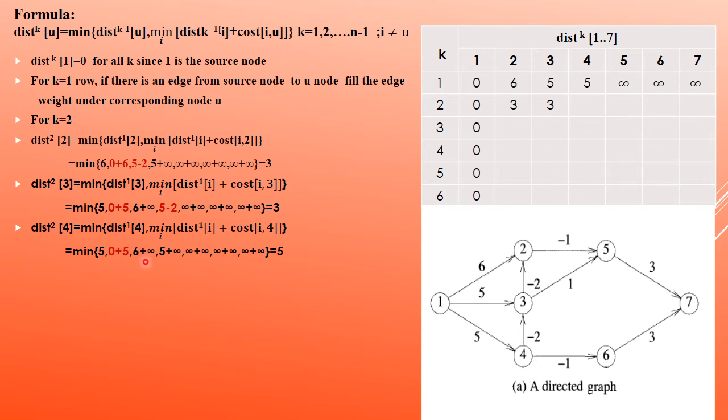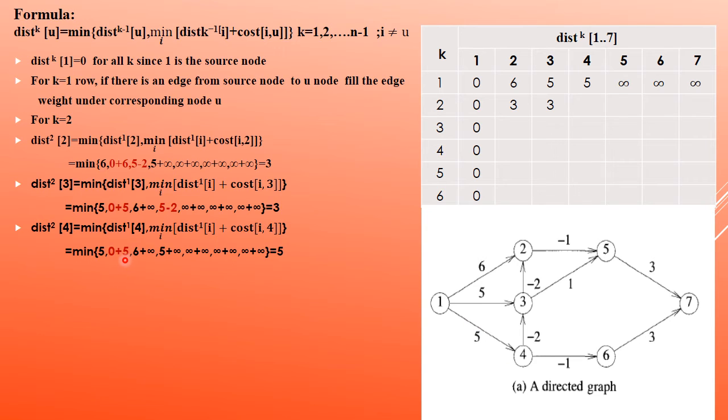So now we are finding for 4, I can go from 1, 2, 3, but not 4, then 5, 6, 7. Only 1 is giving you the edge to 4. So 1's previous distance is 0 and the distance of the edge from 1 to 4 is 5.